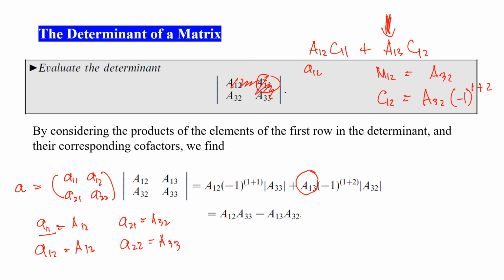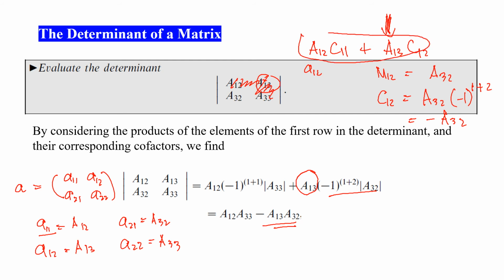You have your A13 times the cofactor of C12, because your big A13 is your element A12. So we need to find the cofactor of 1, 2, which is this one here, and the cofactor is equal to negative A32. So multiplying your A13 with negative A32, you have negative A13 times A32.